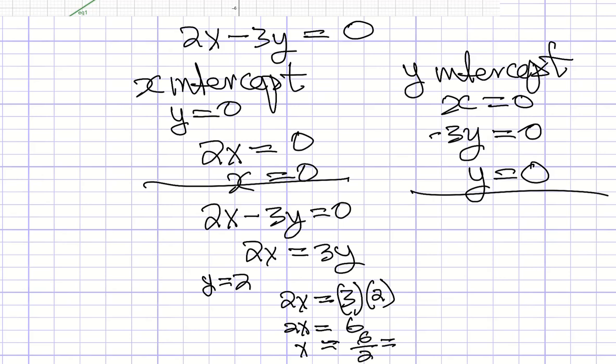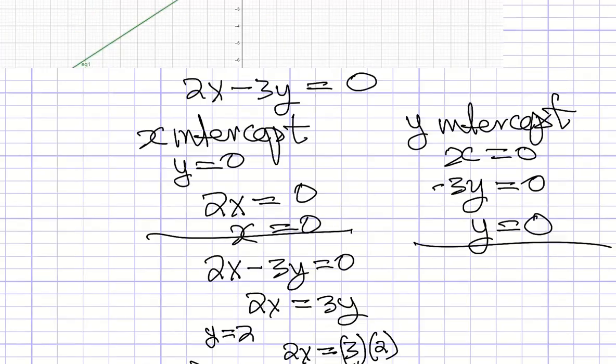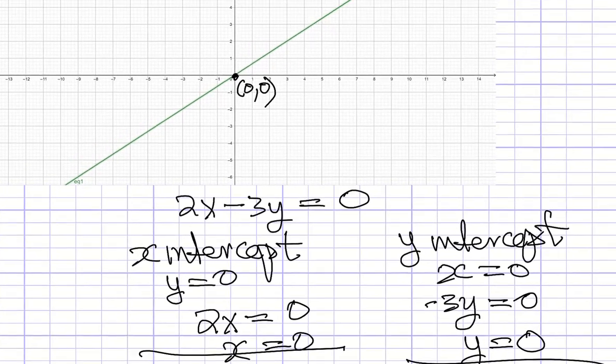This one works because you're dealing with whole numbers, not fractions. So what that means is, we chose y equals 2 and we found x equals 3. So that's this point. In fact, we'll see in a minute.